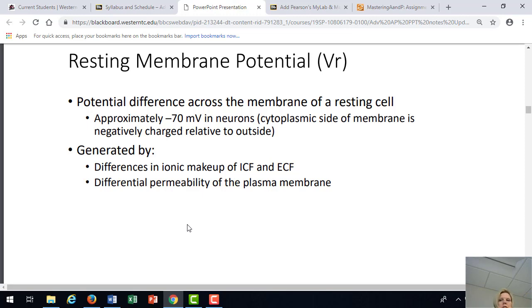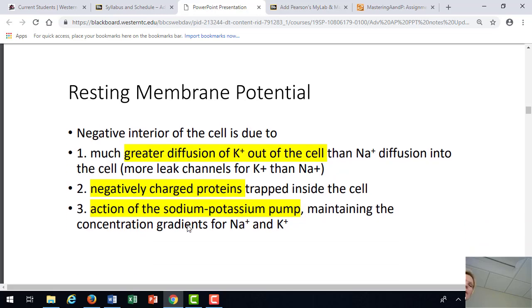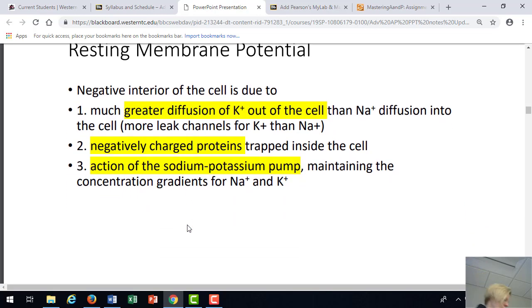So inside the cell is -70. Some factors that relate to that: we have leak channels on the neuron, but there's a lot more leak channels for potassium compared to sodium. So we see more diffusion of potassium out than sodium in.